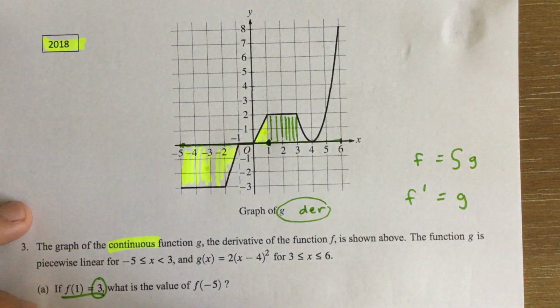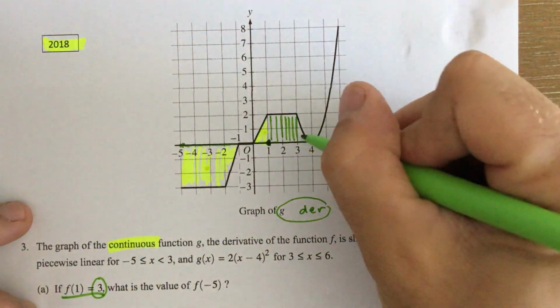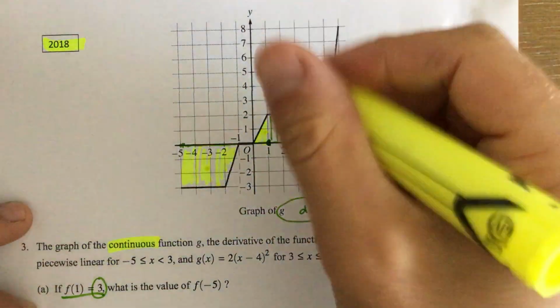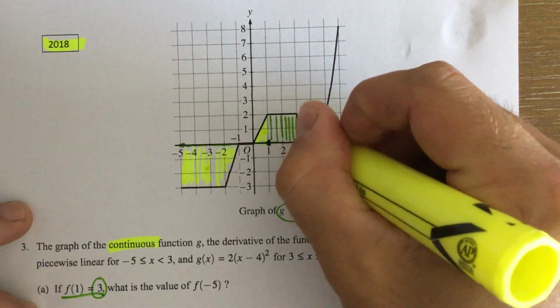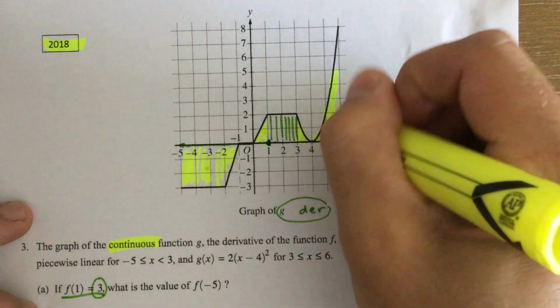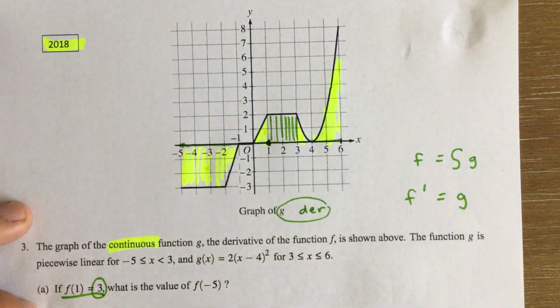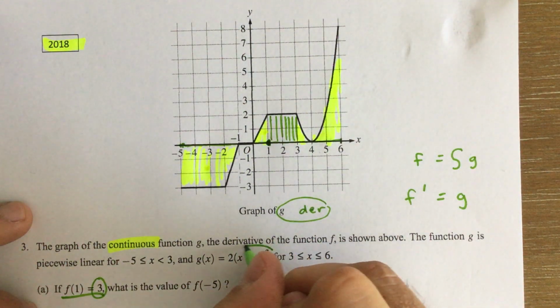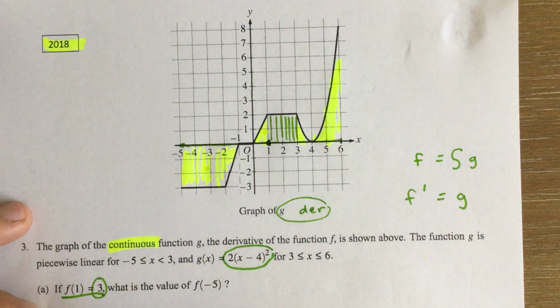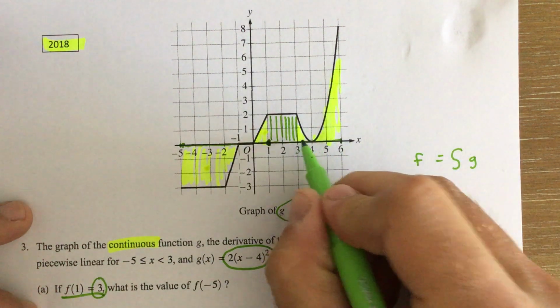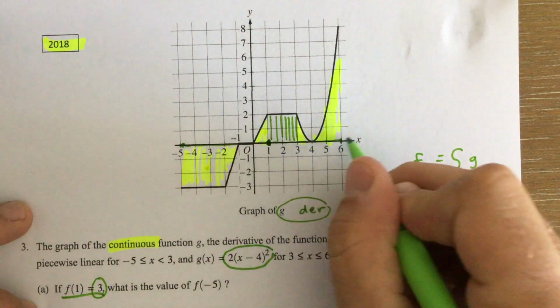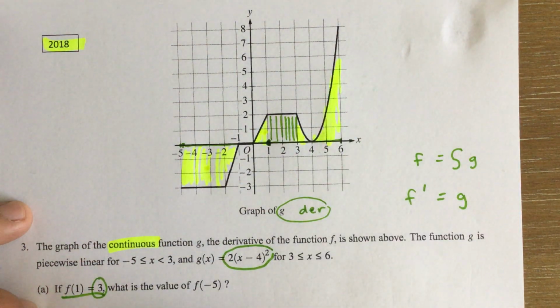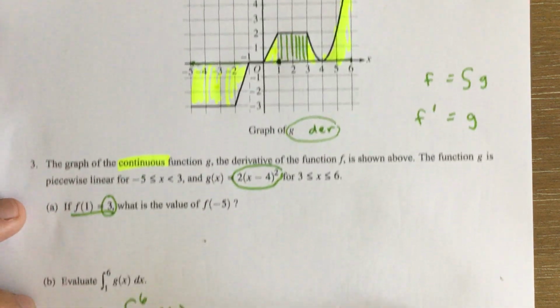That's going to be 4, and then we're going to have to add on, let me get the highlighter again, add on this area right here, which they gave us the equation for. The equation is right here, right? So you're going to still have to integrate from, and it looks like this starts at 3, and it goes all the way to 6, g of x, which is that equation. So you're going to have to integrate that equation.